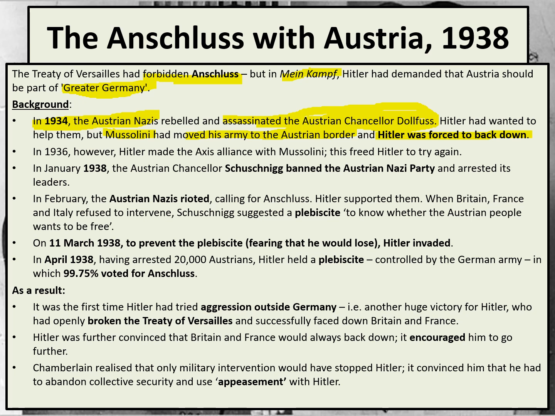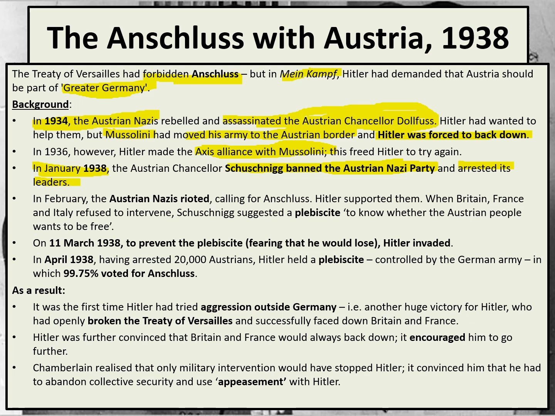By 1936, of course, we've got the Rome-Berlin axis, we've got the union between those two countries. This made Hitler more secure that next time when there was an opportunity, he would be more successful in taking over Austria. So he got his opportunity in January of 1938. The Austrian Chancellor Schuschnigg had banned the Austrian Nazi Party. They had been causing a huge amount of trouble in Austria, and he arrested and threw into jail its leaders.